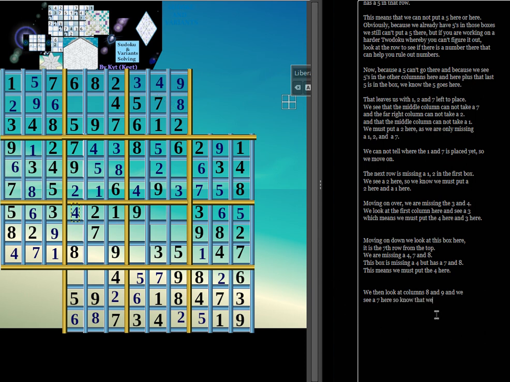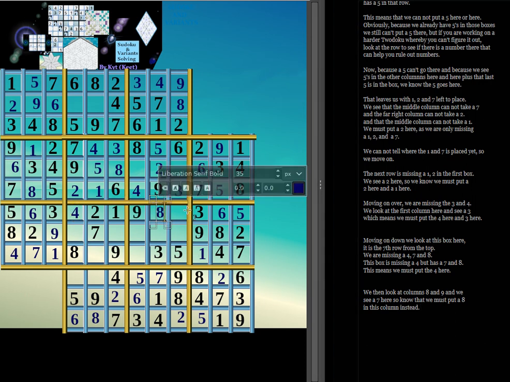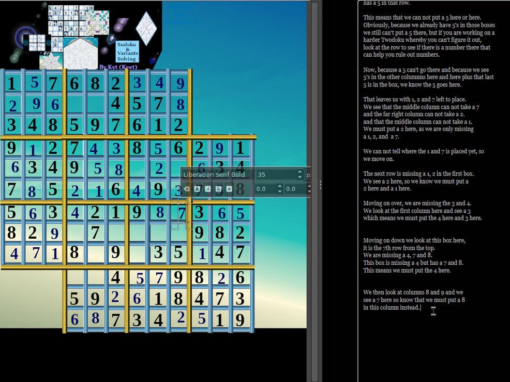So we know that we must put an 8 in this column instead, and the 7 in the last square.